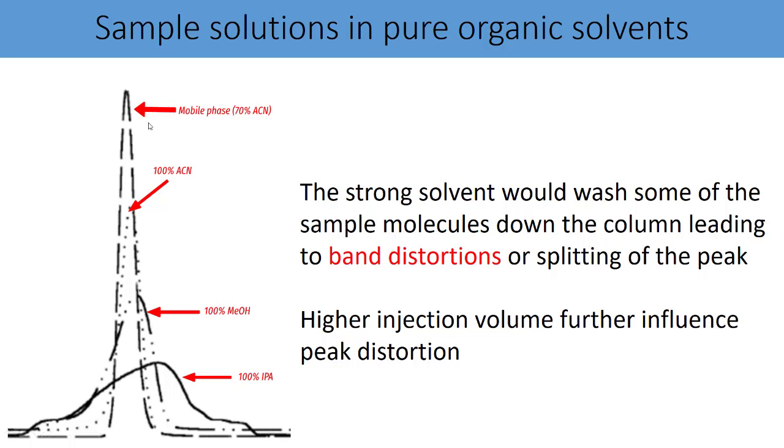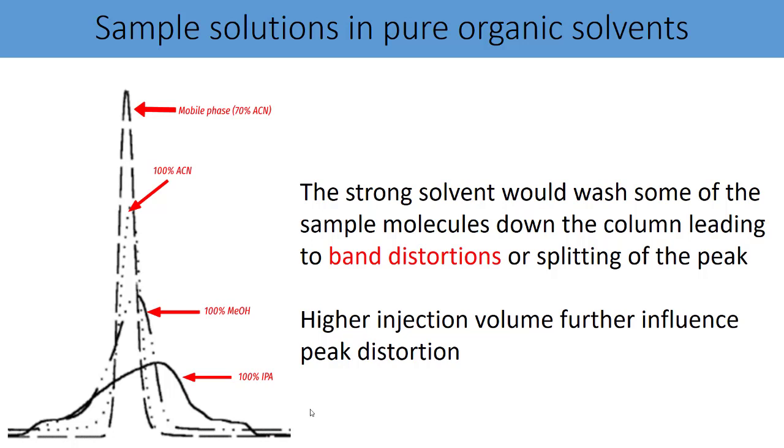If you use an organic solvent or pure organic solvent as a diluent, you can see distortion in the peak shape, and the same can be seen on the screen here. You will see that the distortion is much more severe with a stronger organic solvent like 100% IPA.